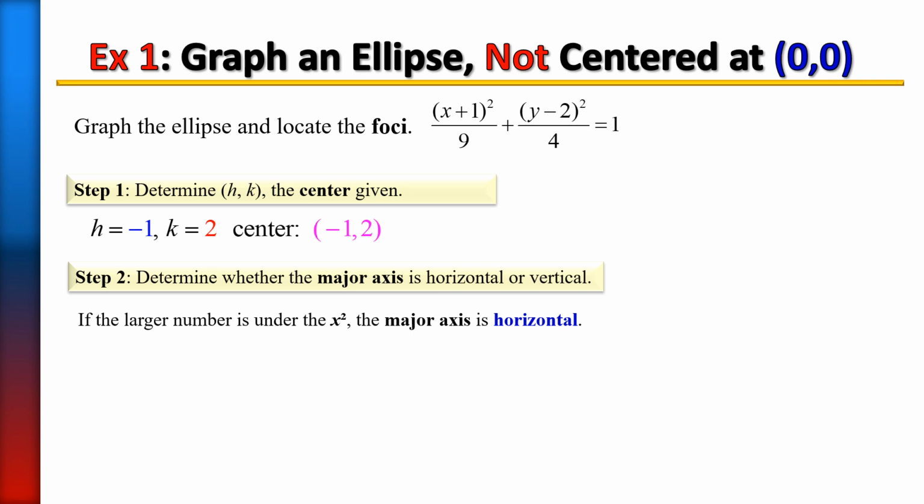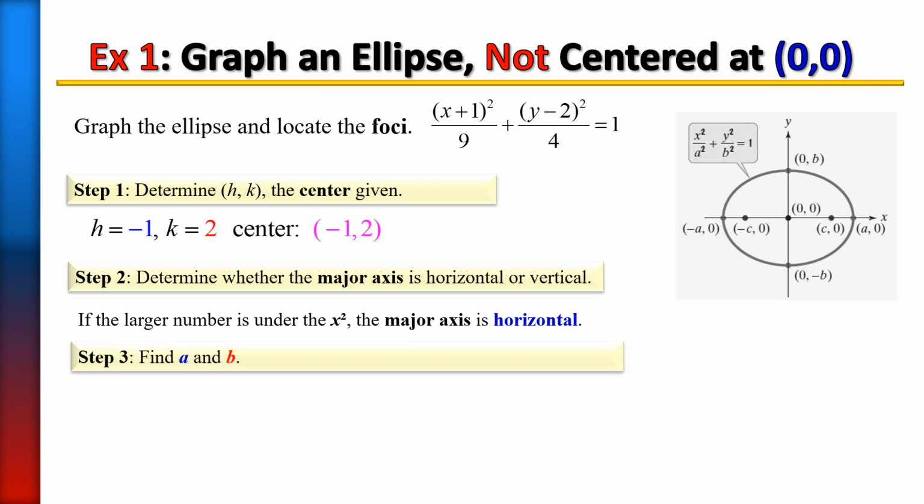Lastly, we want to locate the vertices so that we can graph the ellipse, but we need to know what a and b are in order to find the endpoints. So if we look at our given equation and the model, a squared equals 9. That means that a would be plus or minus 3 once you take the square root.